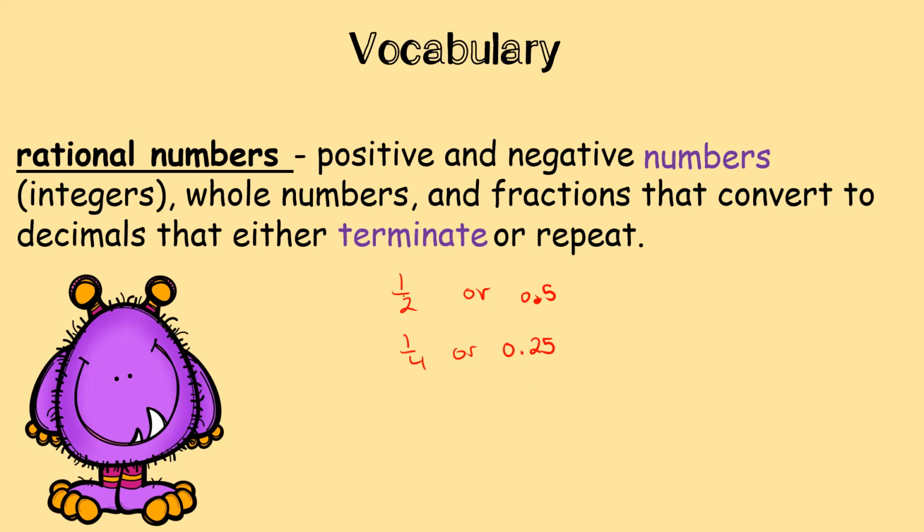Okay? Those stop. It's a fraction that converts to a decimal that stops, or it repeats. Like 1/3 is 0.33333333. So it's 0.3 repeating. Okay? So those are all rational numbers.